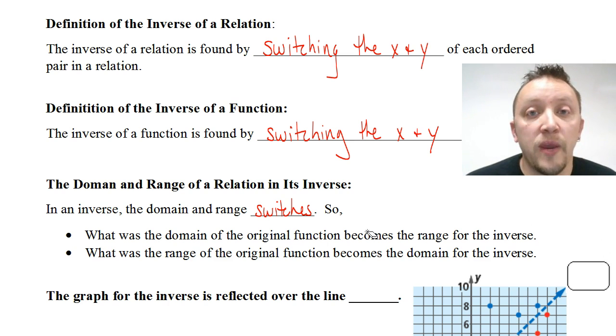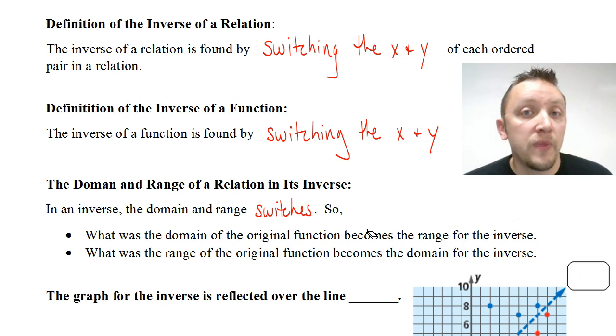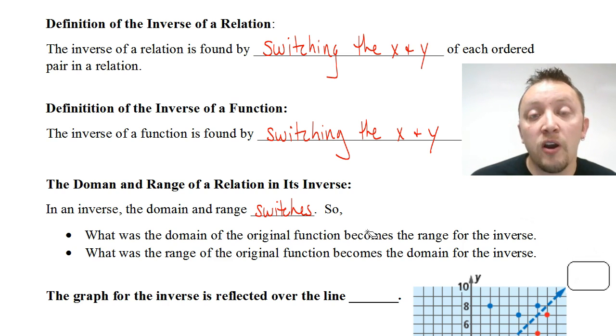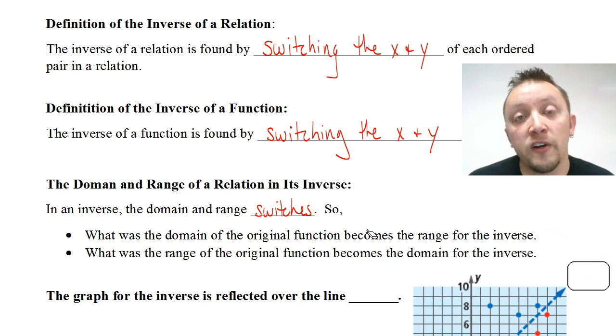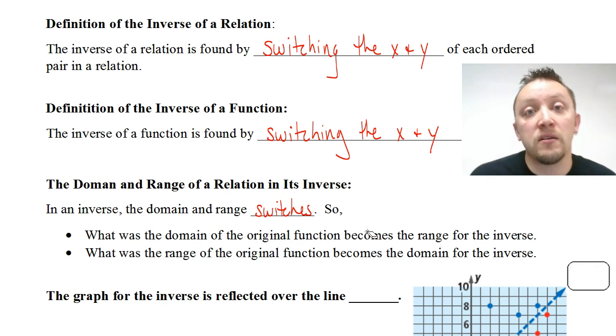What was the domain in our original function is now the range for our inverse, and what was the range in our original function is now the domain for our inverse.